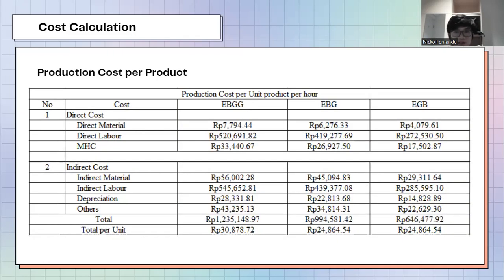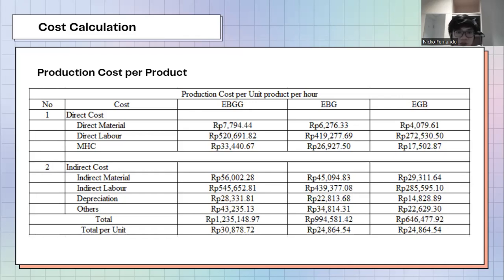So the last one: after all of the calculations above, we summarize them into one table to get the production cost per product. After summing the direct costs and indirect costs, namely direct material, direct labor, material handling costs, and all of the indirect costs, indirect material, labor, depreciation, and others, we got the total cost for each product: EBGG, EBG, and EGB.